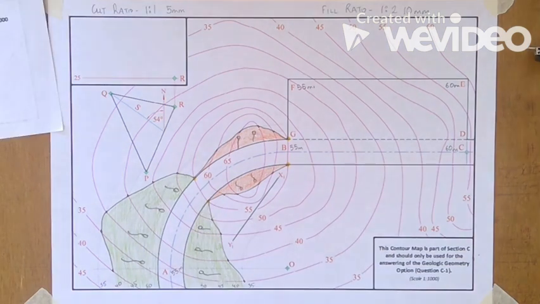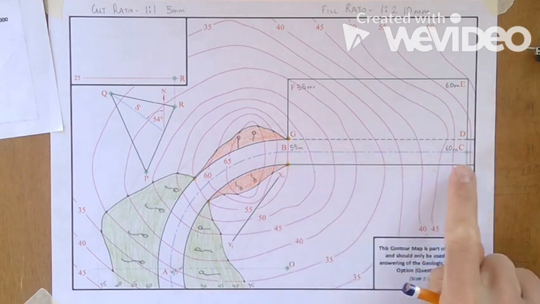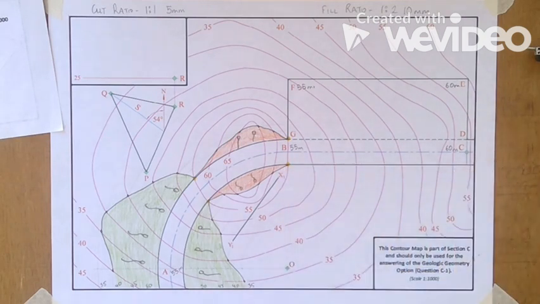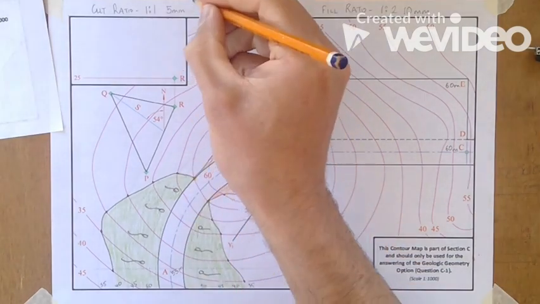The second part says the portion from B to C is rising uniformly to a level of 60 meters at the finish line C. Now, when the road is rising or falling, you're going to have a cut cone or a fill cone, and we need to work out the radius of both of these cones.